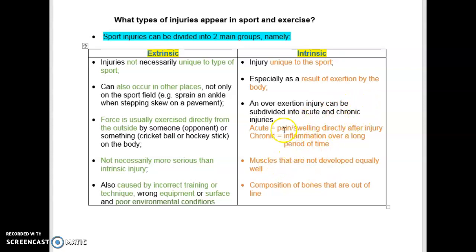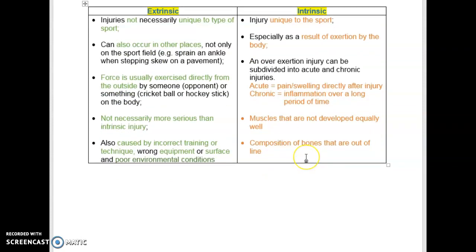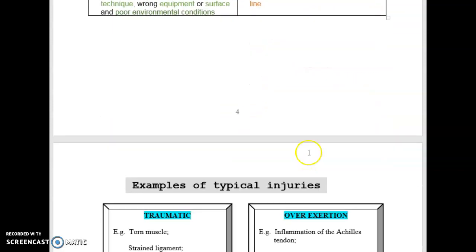Acute injuries are pain and swelling directly after the injury, and chronic is an inflammation over a very long period of time. So with intrinsic, muscles that are not developed equally well will be a cause, and a composition of the bones that are a little bit out of line eventually.